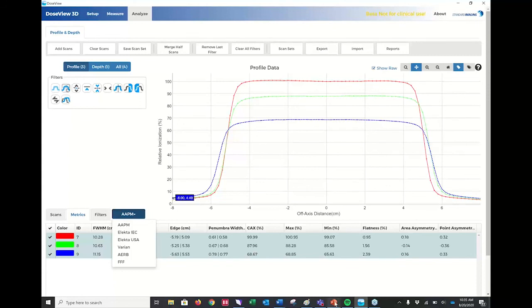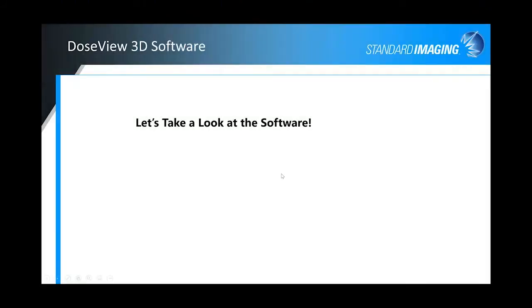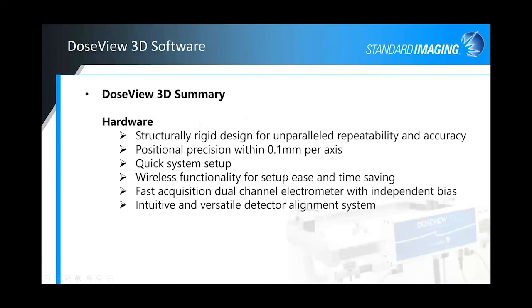But let me jump back to my PowerPoint, and just wanted to touch a few summary points here. Again, the design and manufacture of our system gives you unparalleled repeatability and accuracy. Your positional precision is all within 0.1 millimeter accuracy.